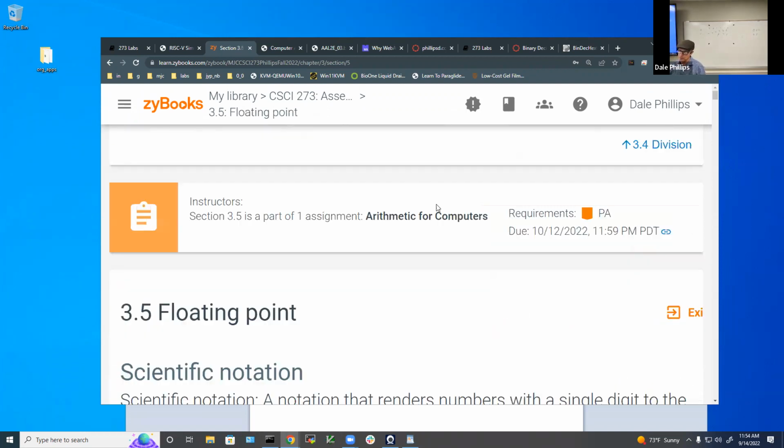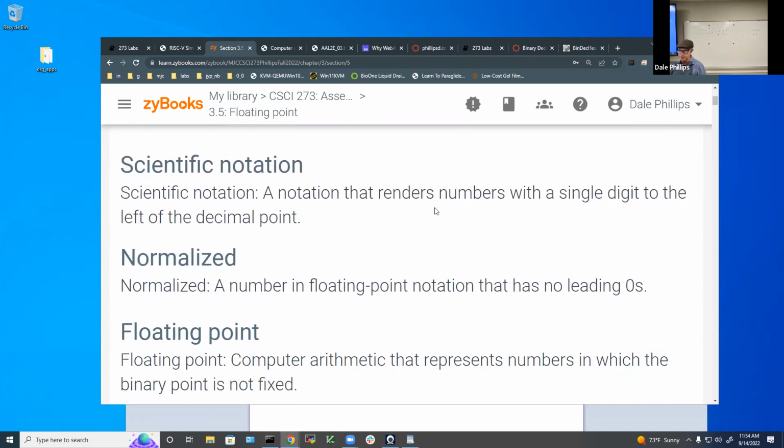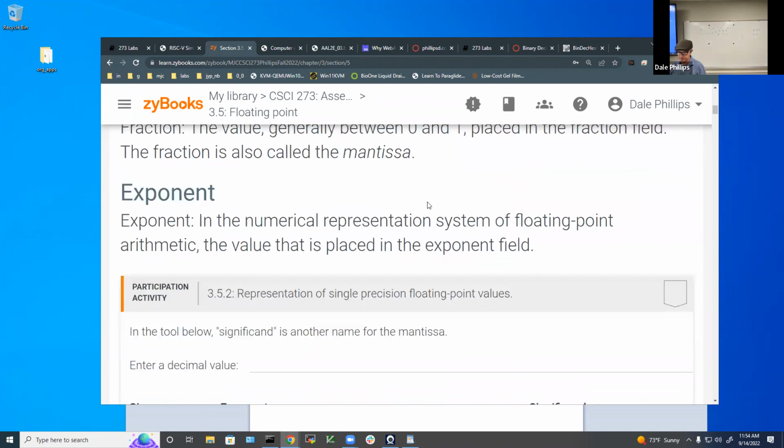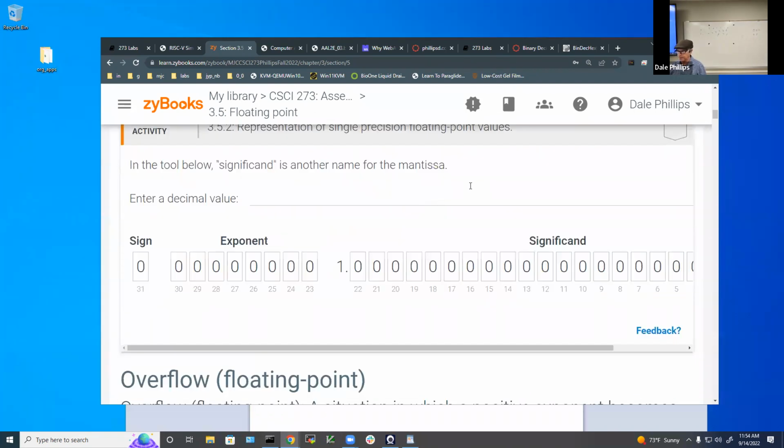And then floating point, I'm not going to go into a lot of detail on this one, but floating point is how do we deal with very, very large numbers? And there's some very interesting history on this. How many remember the atom bomb that went on Hiroshima and all that? The computers in those days were not very accurate.